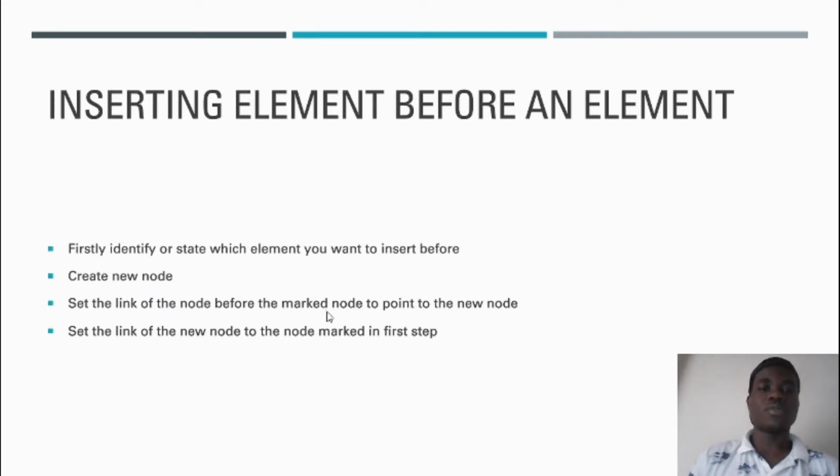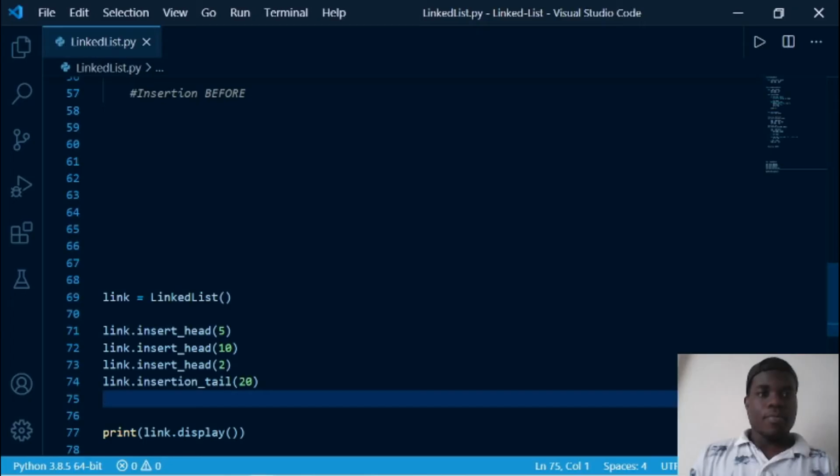Remember that you have to take the link of the previous node, the previous target node. That is the link before the target node, and then you point it to what? To the new node, I'm sorry. And then you now point the link of the new node to the what? To the target node. So now let's go look at how we implement that, and I hope that will be more clearer when we start coding that up.